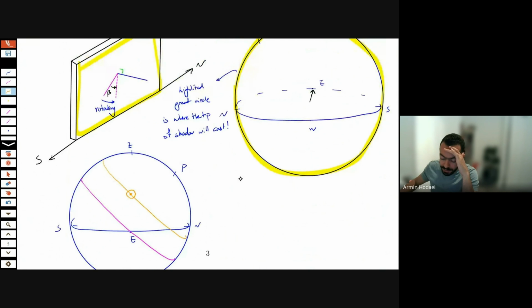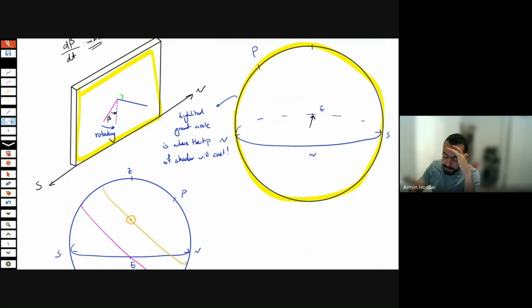Do you guys agree that the tip of the shadow, the direction east, and the sun, so the tip of the shadow, I'm going to sketch with a different color, let's say green, something like this, right? So this is where the sun is. This tip is exactly the east, and this is the tip of the shadow.